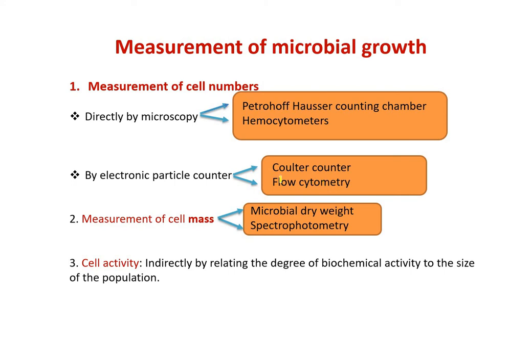Recently, flow cytometry is being used for counting cells. The Coulter counter has two electrodes, and the cells are counted when an electrical resistance is developed around the electrodes and a sample is placed into it, so we can electrically count the number of cells.